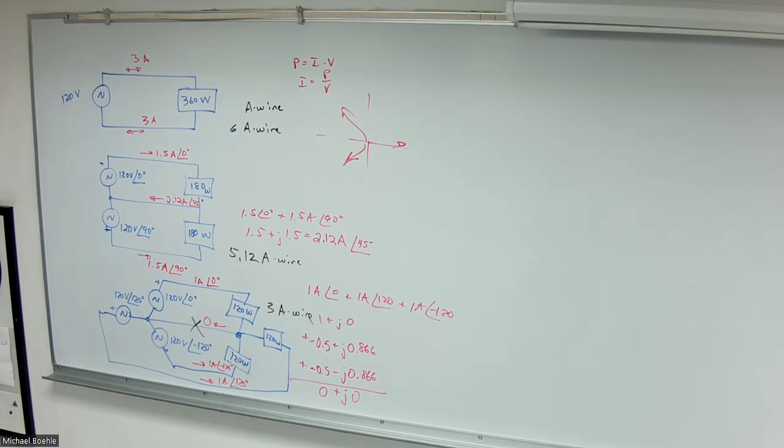You can also have what's called a delta configuration. If you really want to learn more about that, there's a chapter in the book that covers it. Obviously, I don't spend any time going through that because that's more power related than electronics related. My focus is electronics. But if you're curious, it's one of the chapters in your book.